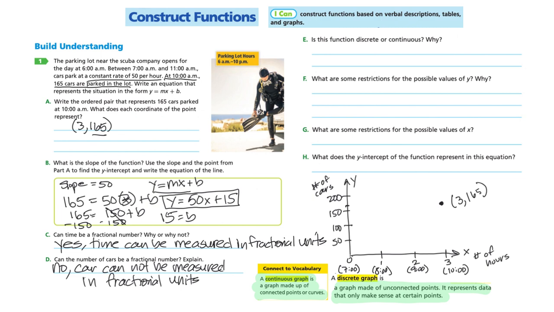And since cars can only be measured in whole units, this would be a discrete function because you would just draw points, you wouldn't draw a line, since cars are measured in whole units.